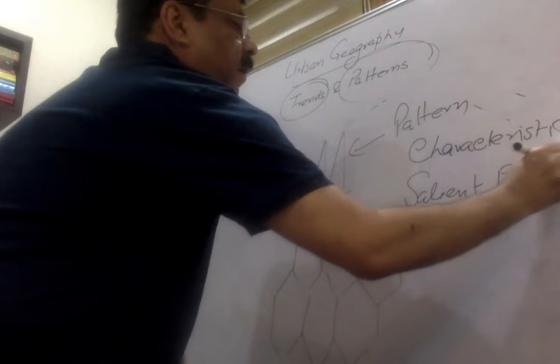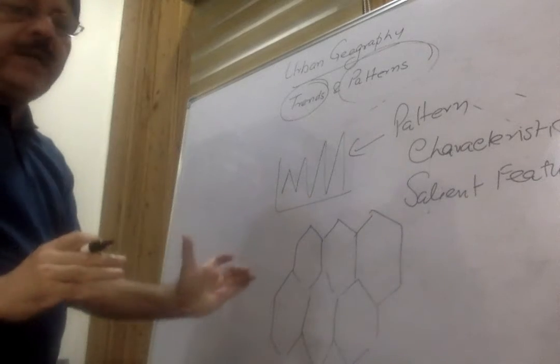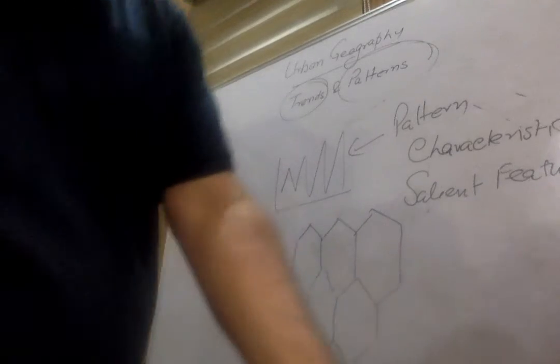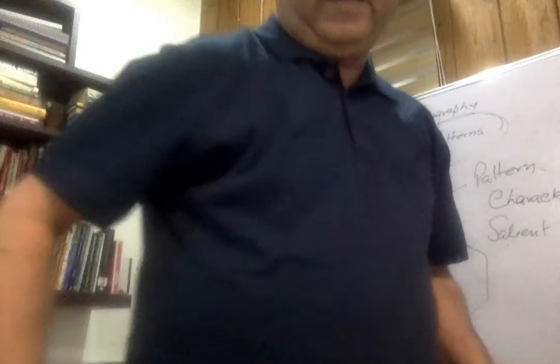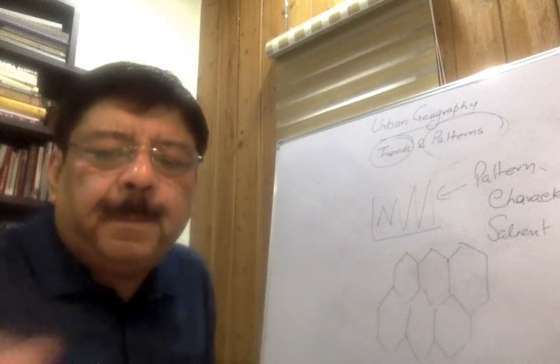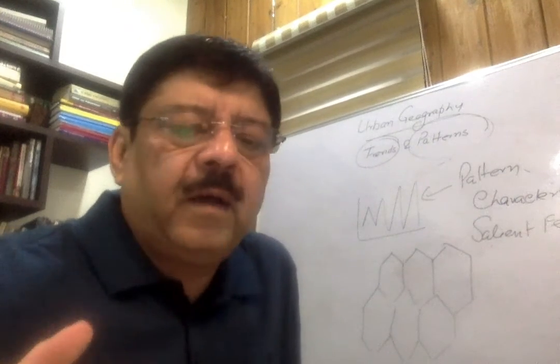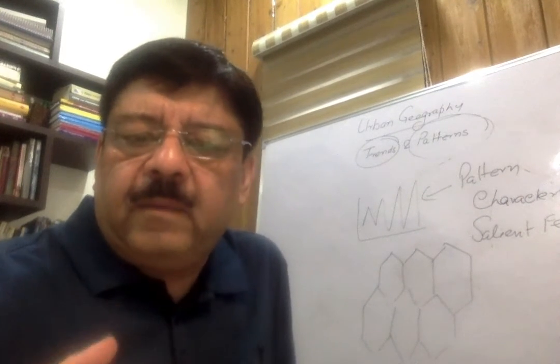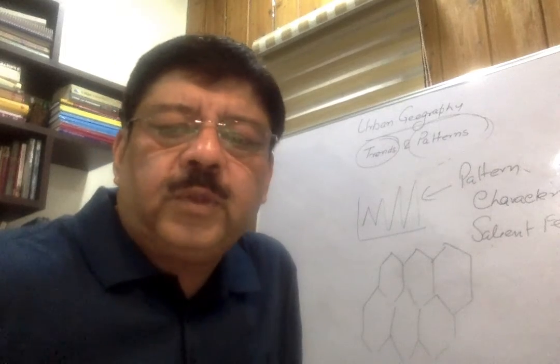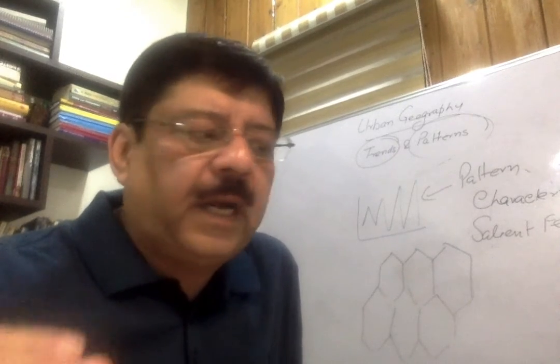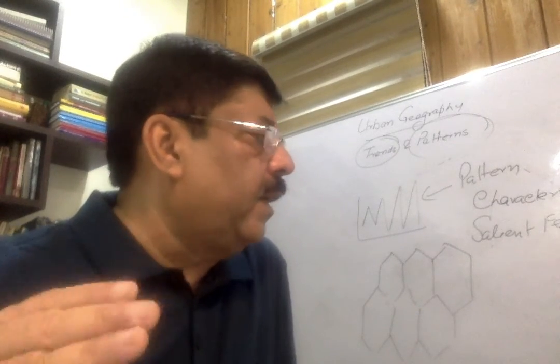Okay, am I clear? So what is trend? Trend is the rujhan, and pattern is the repeating phenomenon, repeating data. Someone used the term data, repeating data. You're very correct.